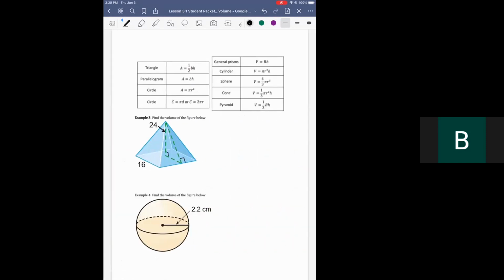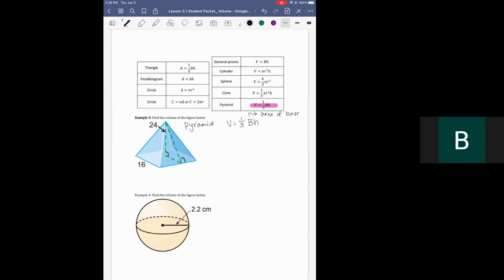For our third example, we have a pyramid. Again, I'm just looking to see what my formula is, and it looks like V equals 1/3 capital B H. And again, that capital B means area of the base.